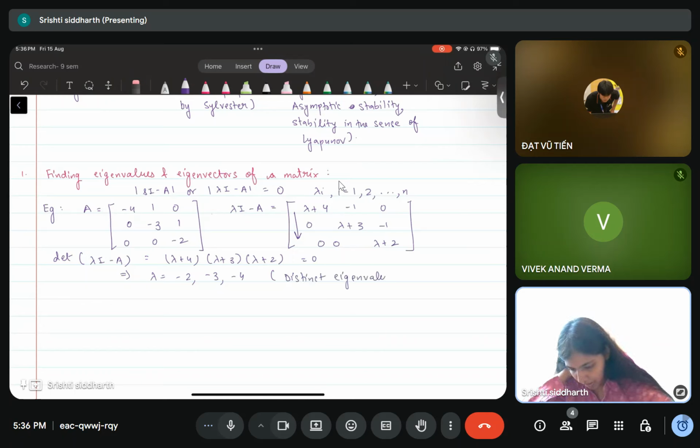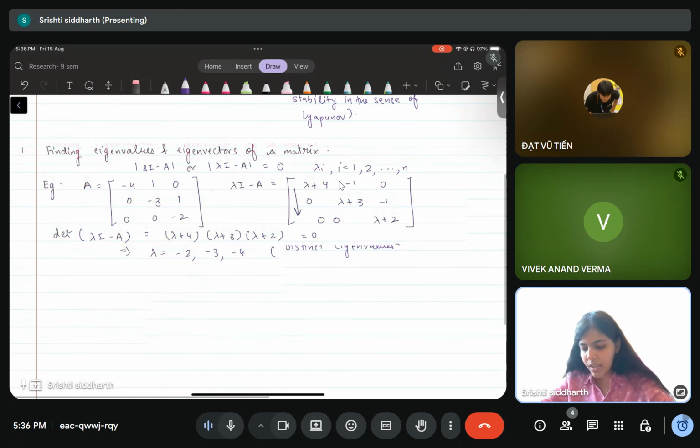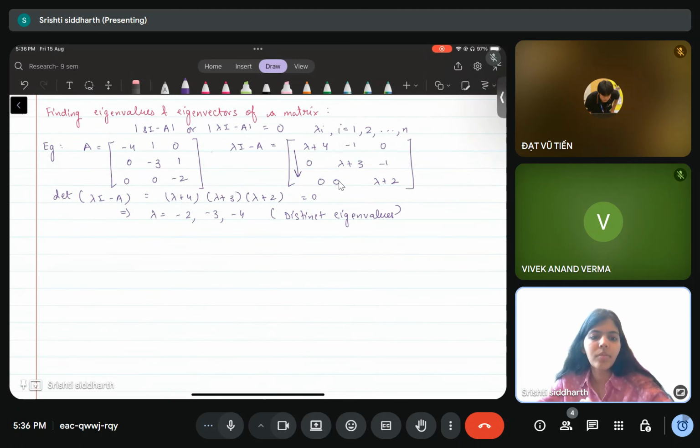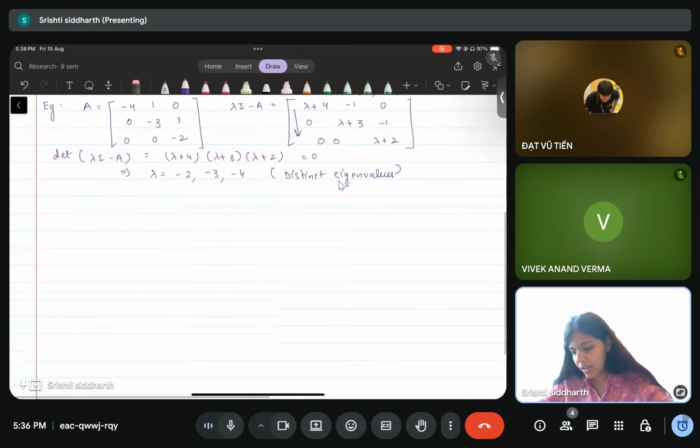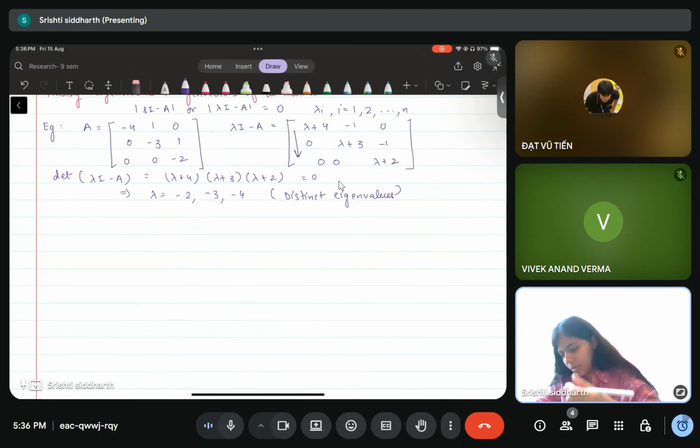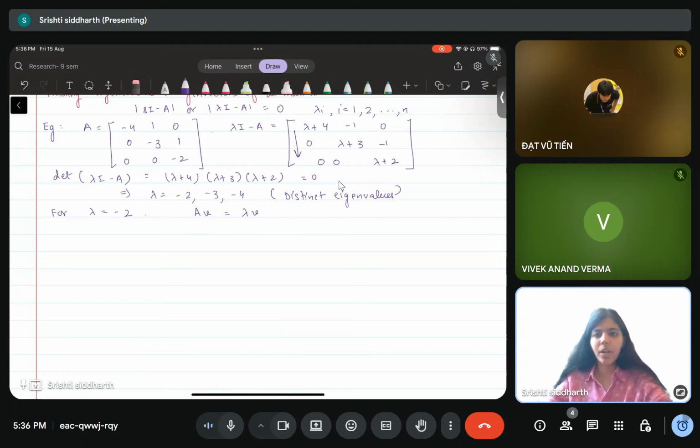If these are distinct eigenvalues, we can find the eigenvectors for them. This is the simplest case. So let's see the eigenvector, for example, for lambda equals -2. The equation is A operating on the eigenvector V equals lambda operating on V, or in other words, A minus lambda I times V equals 0.